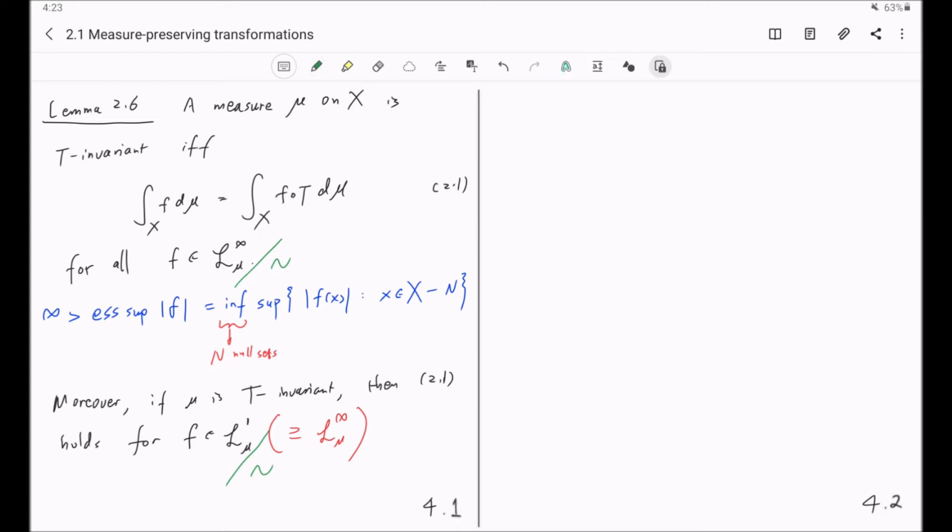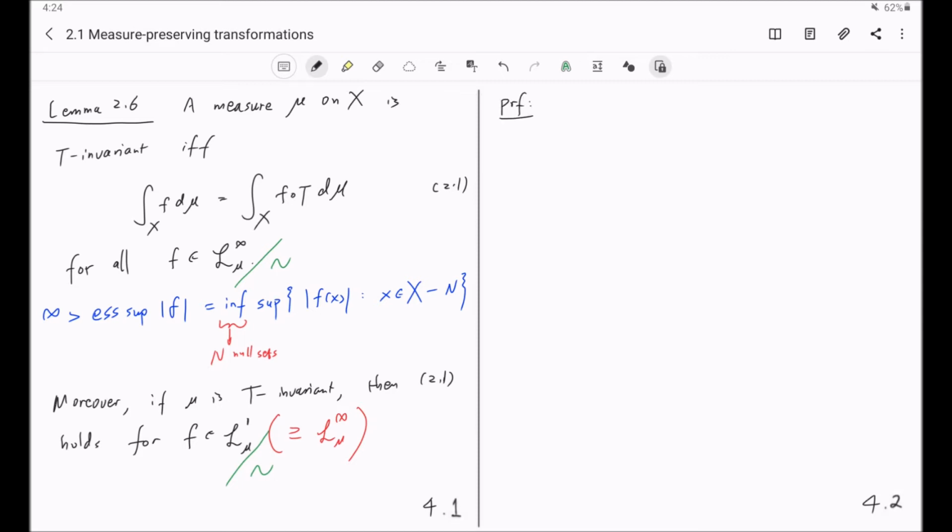And that guarantees the well-definedness of those spaces as normed spaces. But here we don't have to worry about this too much, because oftentimes we will understand that those functions are always defined modulo a set of measure 0. So we usually don't have to worry about those little details. Okay, anyway, let's prove this lemma.